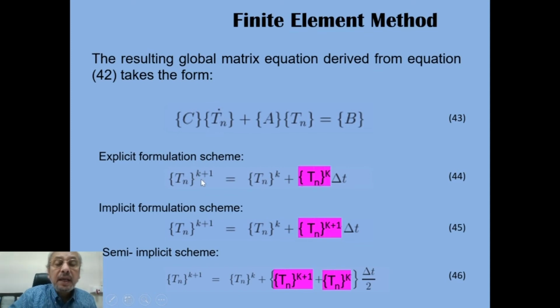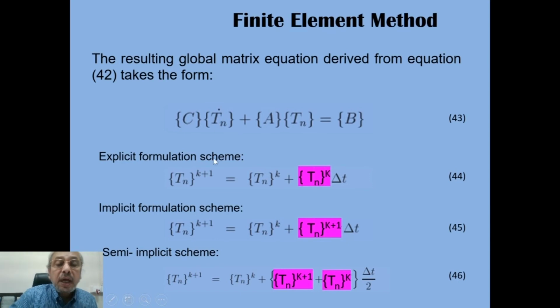And if we write that, we can write Tk plus 1 equal to Tnk plus all the terms shifted to the right hand side, that is a function of Tnk into delta T. Or for the implicit scheme, we are only writing the temperature derivative, that means Tn dot can be written as Tnk plus 1 minus Tnk by delta T.